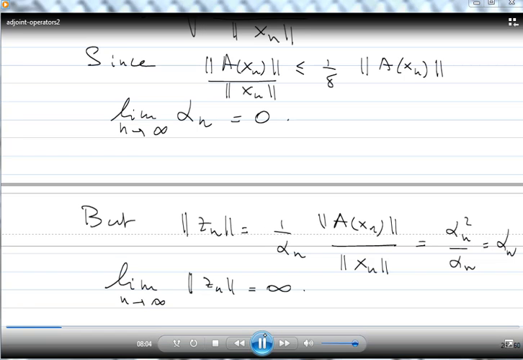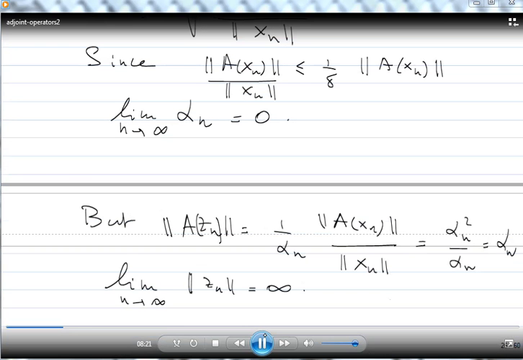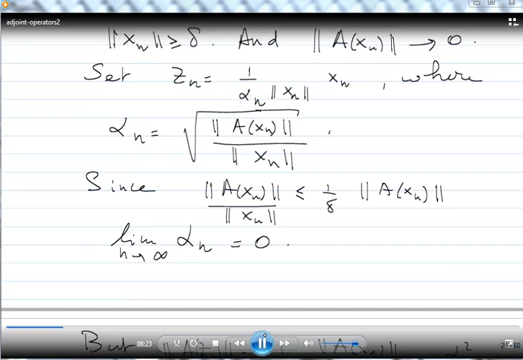I'm sorry, let's go back. This is A of zn, because zn is equal to 1 over alpha n norm of xn times xn, so A of zn will involve A of xn.